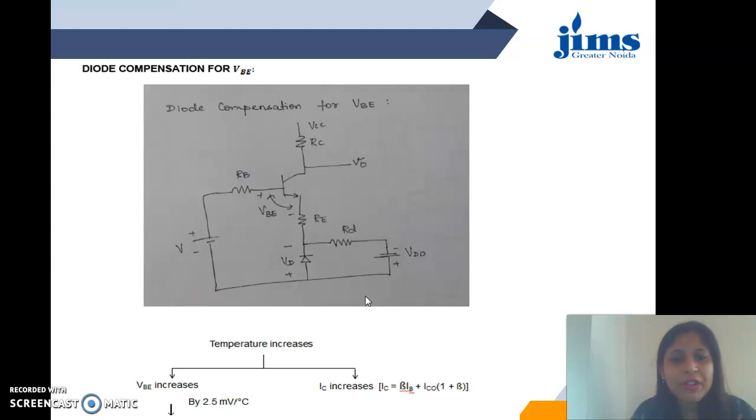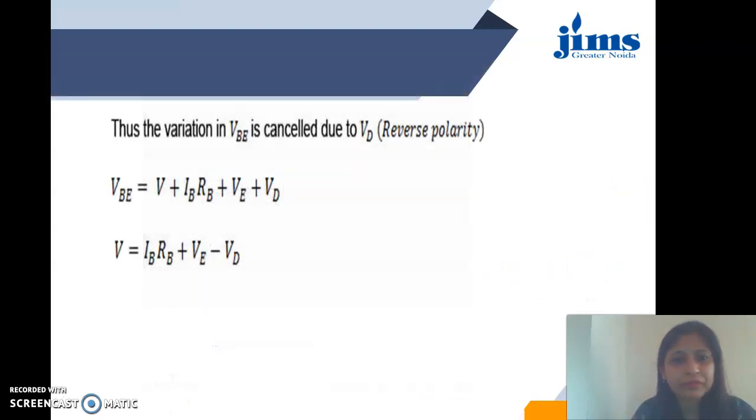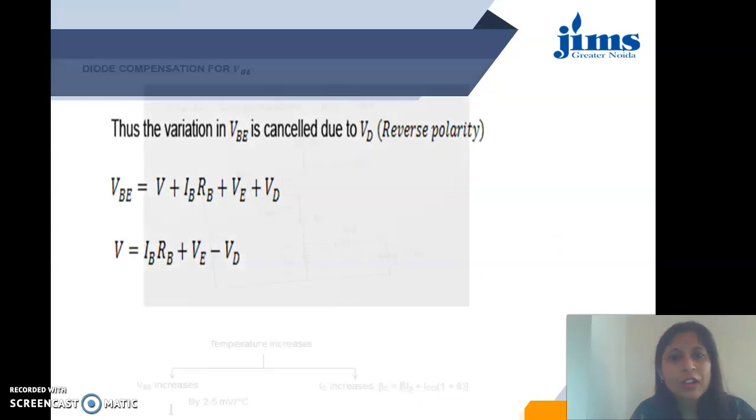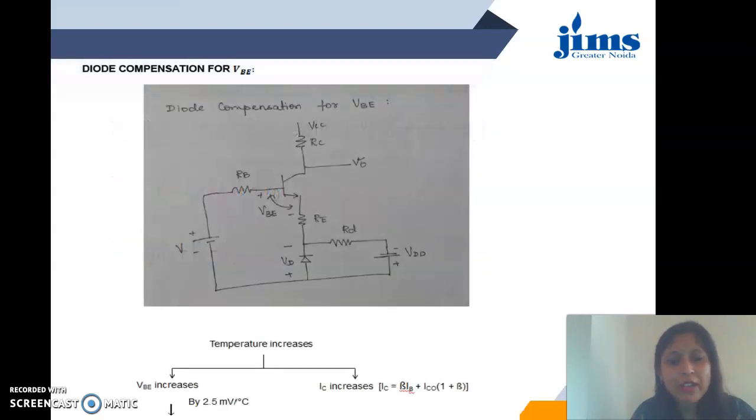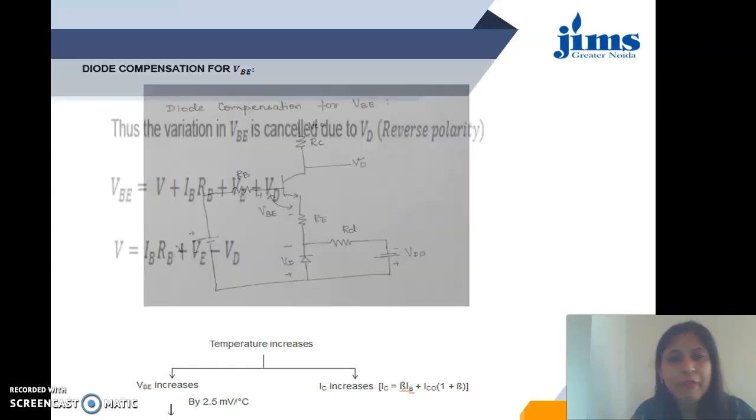When the temperature increases, since diode is a temperature sensitive device, its VBE also increases, and the variation in VBE is 2.5 millivolt per degree Celsius. So as there is a rise in 1 degree Celsius, the change in VBE is 2.5 millivolt.